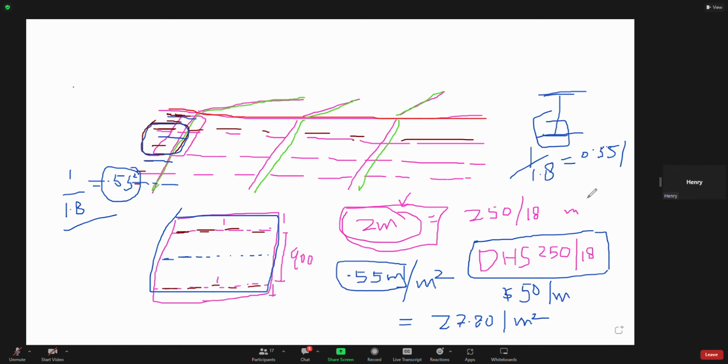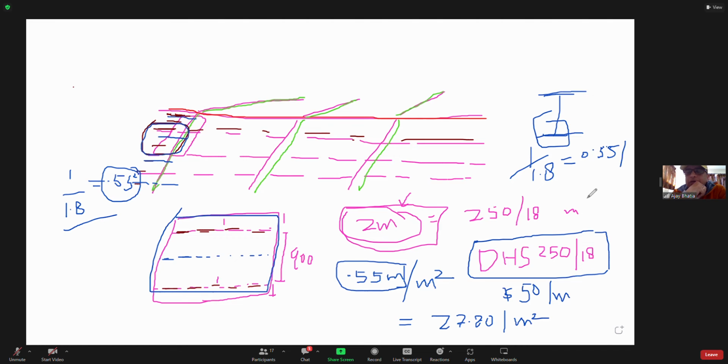I think, Ajay, when you divide 1 by spacing 1.8, that would give the number of purlins. Even if you add 1 over 1.8 plus 1, that is the number of purlins. You are not adding 1 over there.